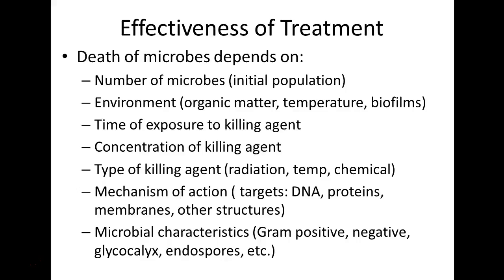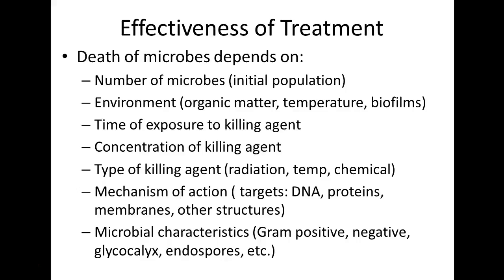The concentration of the killing agent, whether that's radiation, a lot of radiation kills more than a little if that radiation is lethal to that particular microbe. The type of killing agent, well, different types of killing agents kill in different ways, and different types of killing agents will be more or less effective on different microbes.